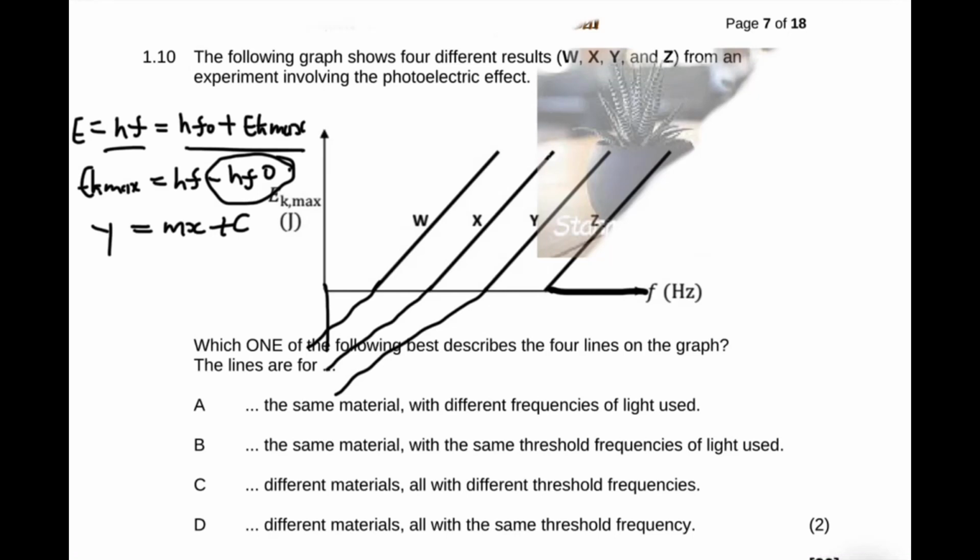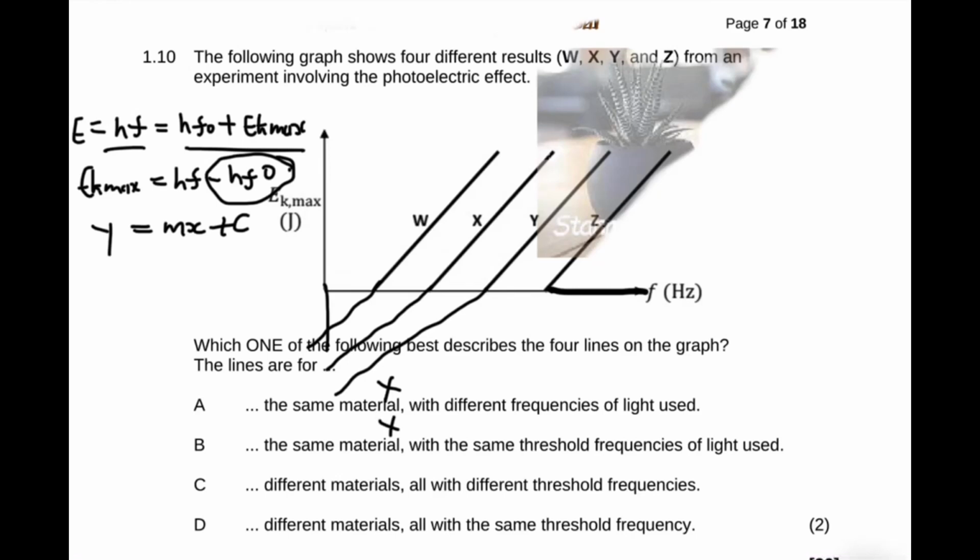Now let's look at our equation. Which one of the following best describes the four lines on the graph? A says the lines are for the same material. If you have the same material, you should have the same work function. So same material is not true, because we have already established that we have different work functions. And B is also not true.